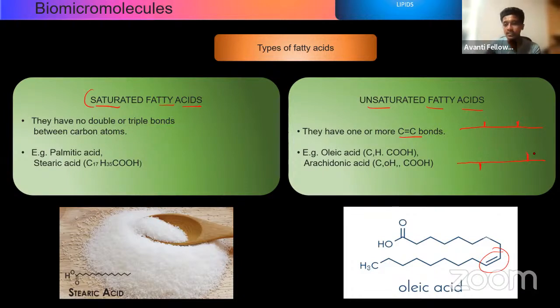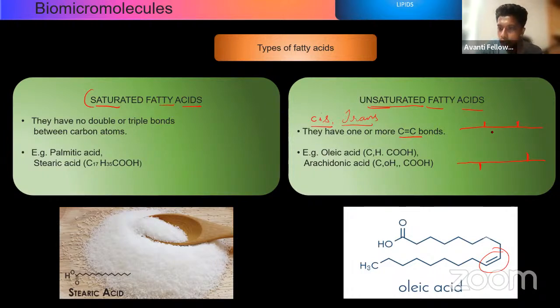Now, this analysis is very important for us to understand two more categories of unsaturated fatty acids. When we talk about unsaturated fatty acids, based on the geometric position of the double bonds, we can classify them as cis or trans. Now, what is cis or trans?